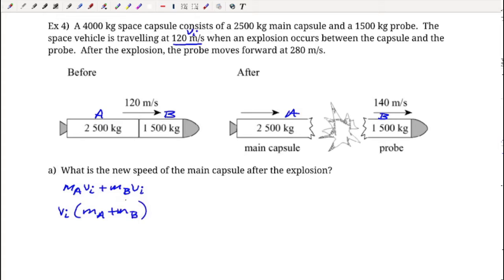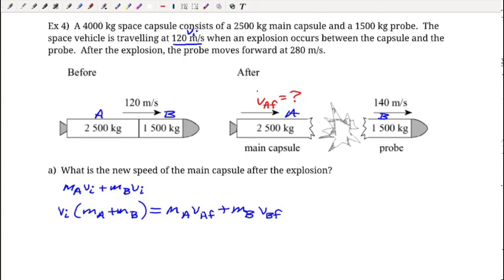And this actually works out the best if you're trying to solve for vi. When you're given vi, it doesn't really matter which way you go. And that, of course, is going to be equal to ma VAF plus mb VBF. And what am I looking for in the question? It's asking me for the velocity of A final.